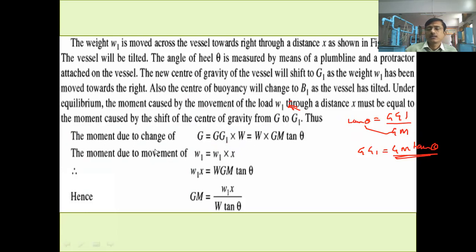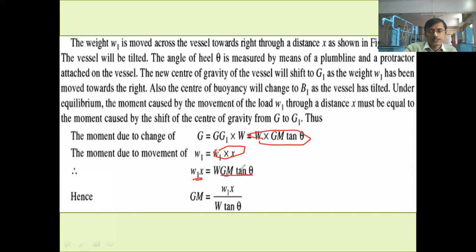Now both are equal, so we can write the equation and equate it. W1 x equals W Zm tan theta, and therefore Zm is equal to W1 x divided by W tan theta. What is this W1?